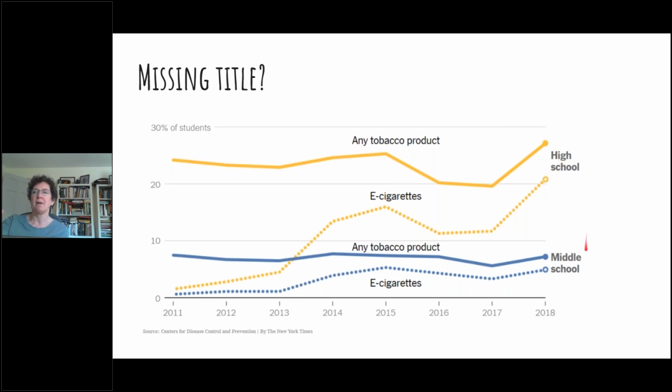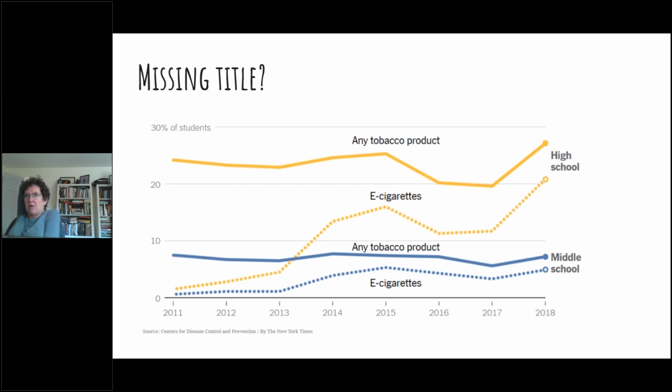And then something else you could see, if you look right down in the bottom left-hand corner, the source is the Center for Disease Control and Prevention. So you could guess that this was in the U.S., correct?